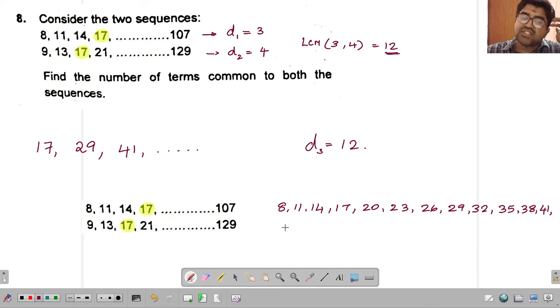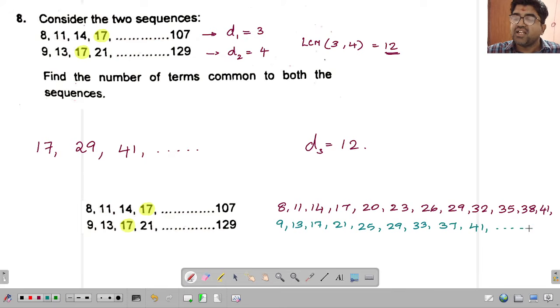That's for the first sequence. Look at the second sequence here: 9, 10, 11, 12, and so on, up to 41. Like that it keeps going.